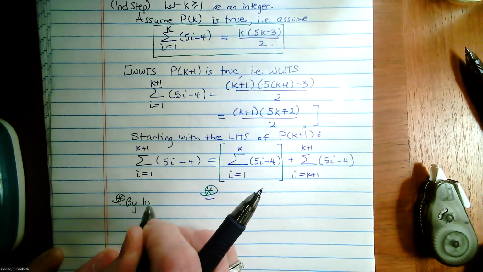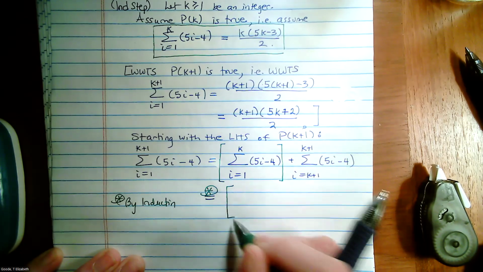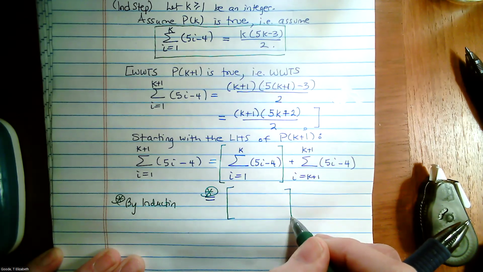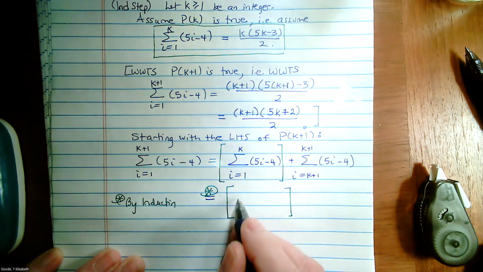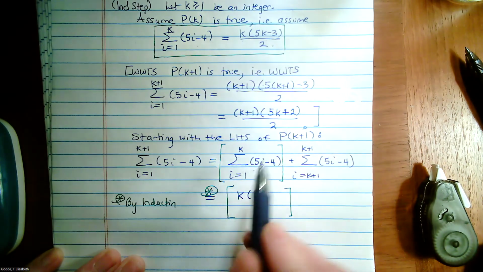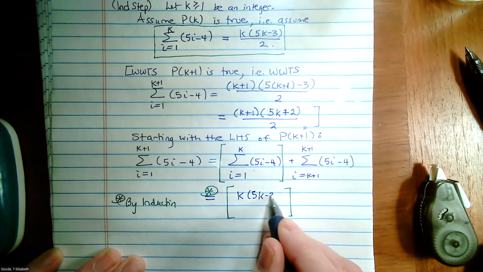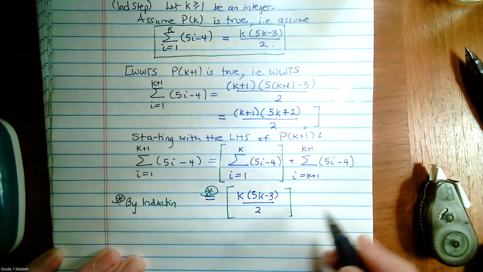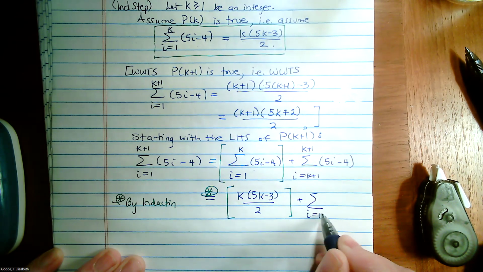All right, so what is your substitution into that side? What does it look like? So here I have k times 5k minus 3 over 2. That's right, because that's the right-hand side. This is the left-hand side of P of k. You're substituting in the right-hand side of P of k because we have assumed that that is true. And then this is plus this sum, which we will evaluate in the next step.